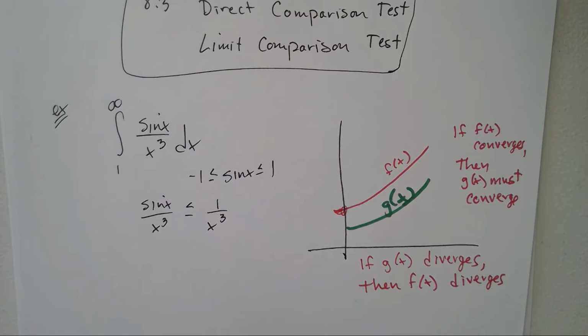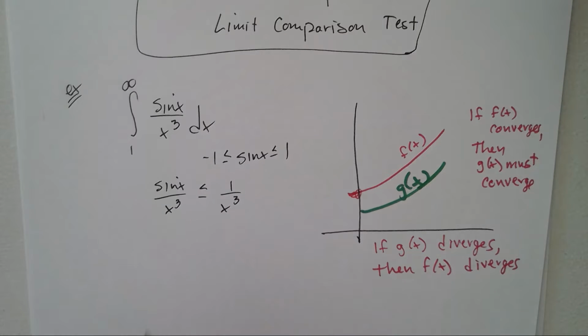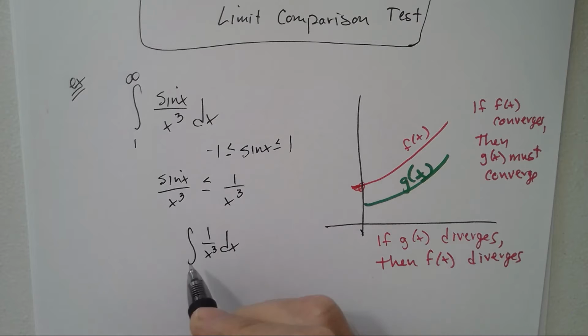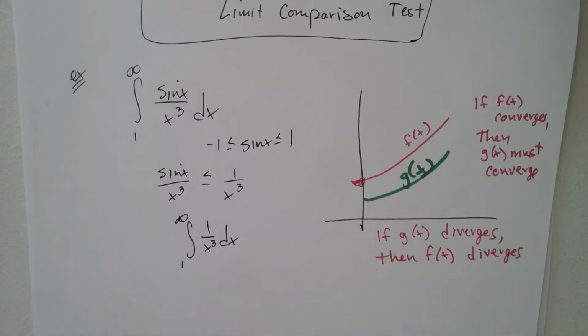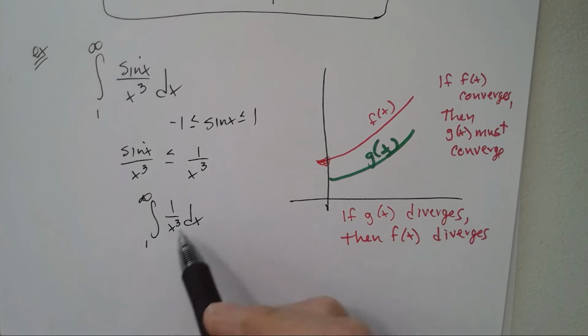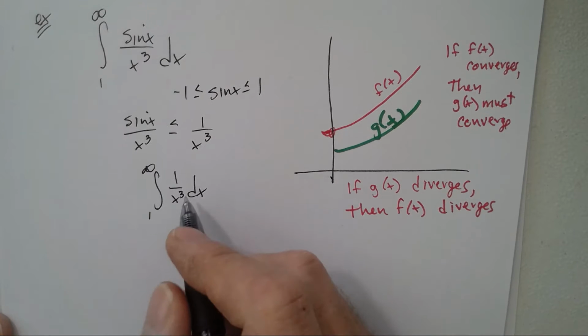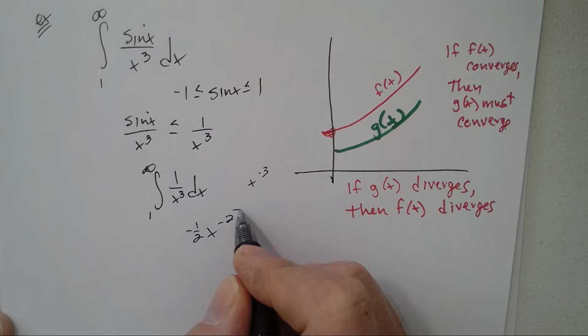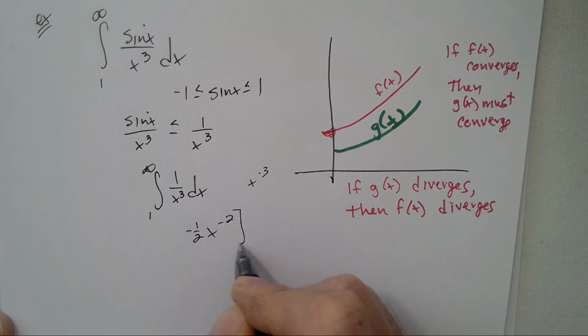Now we need to know about the integral of 1 over x cubed from 1 to infinity. What do we know about that integral? Well, we can find the antiderivative. That's x to the -3, so it's -1 over 2x squared, going from 1 to b as b goes to infinity.